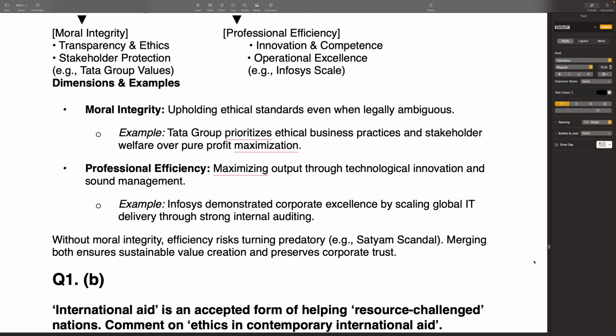Example, Infosys demonstrated corporate excellence by scaling global IT delivery through strong internal auditing. Without moral integrity, efficiency risks turning predatory. Example, the Satyam scandal. Merging both ensures sustainable value creation and preserves corporate trust.